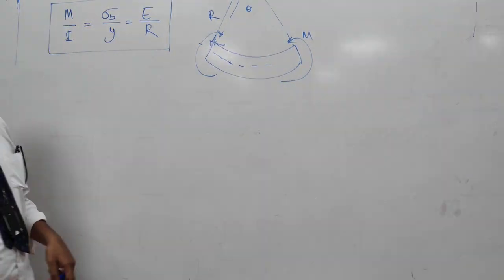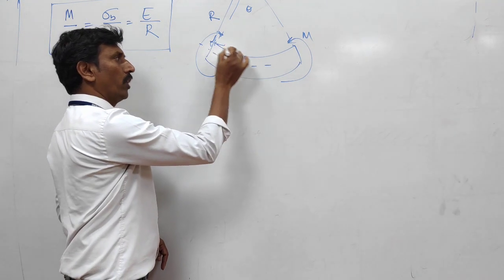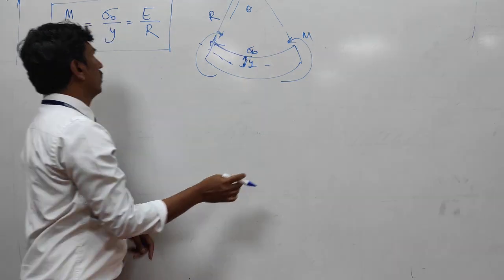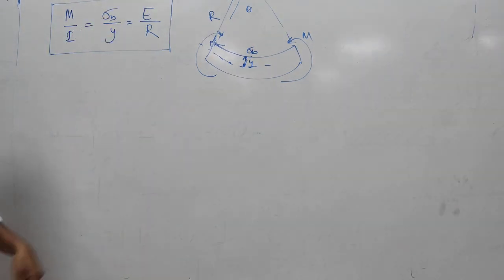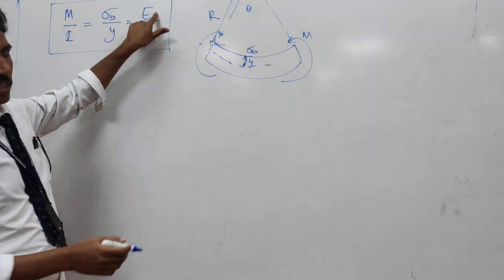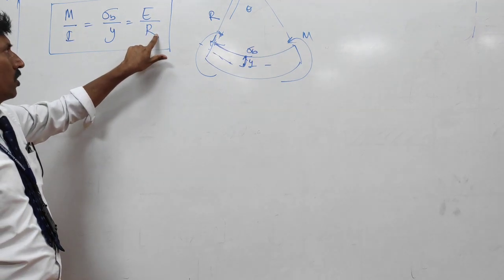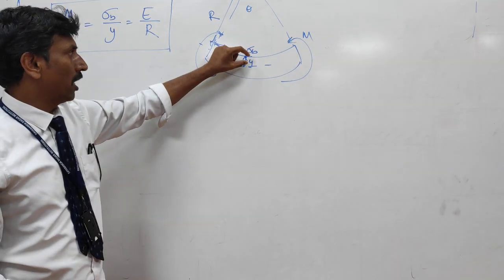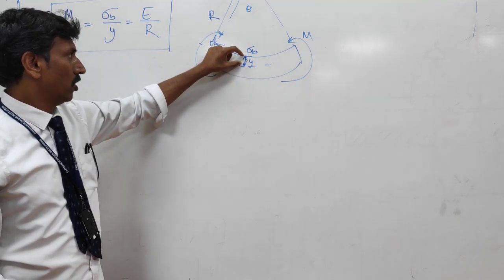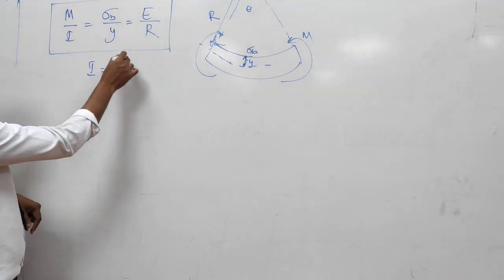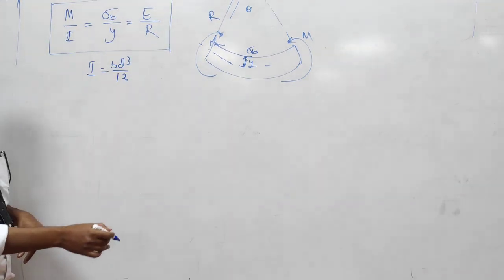And if you want to find out the stress in any fiber, sigma_b at a distance y, then it is given by M by I = sigma_b by y = E by R, where E is Young's modulus, R is the radius of curvature, sigma_b is the bending stress at a distance y from the neutral axis, and I is nothing but bd cubed by 12 for rectangular sections.